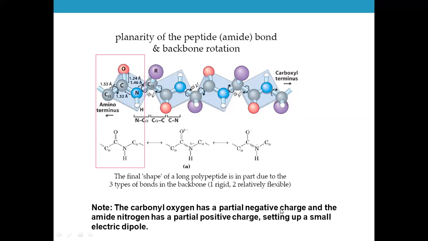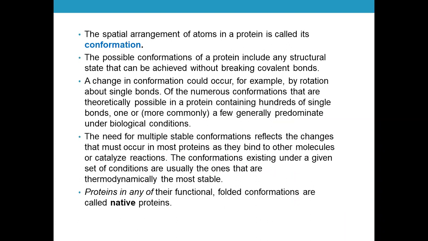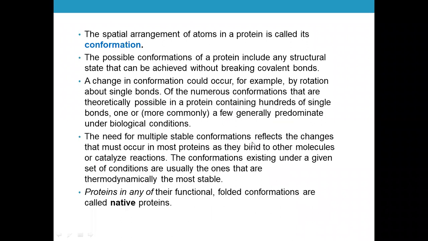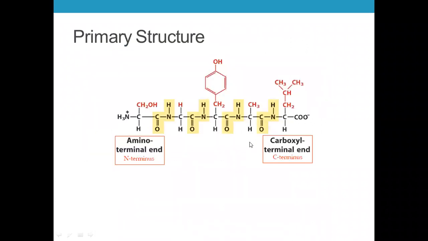So because of that possible rotation about the single bonds in the peptide structure of the protein, it's possible for this to be rotated, and that would actually lead to a different conformation of the proteins. Aside from that, there are possibilities of several types of interactions that would occur, not here, but we'll look at later on the side chains of the amino acids.